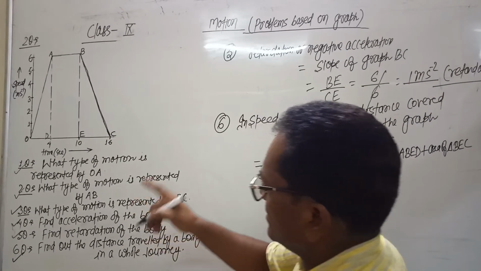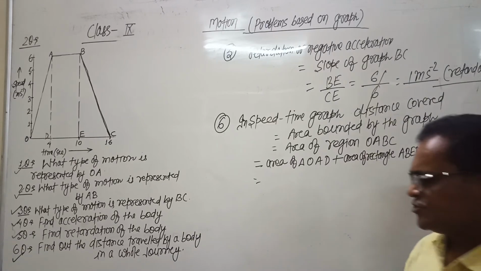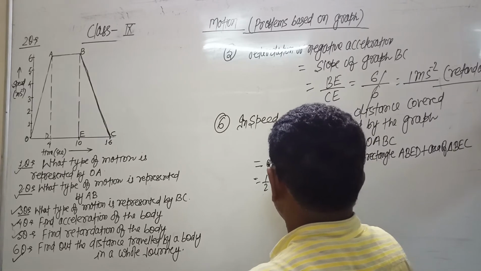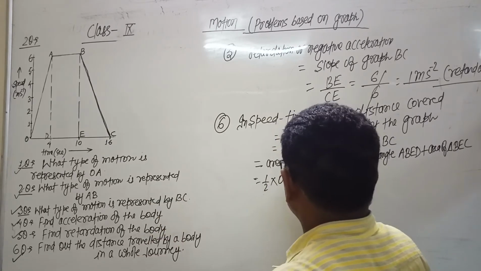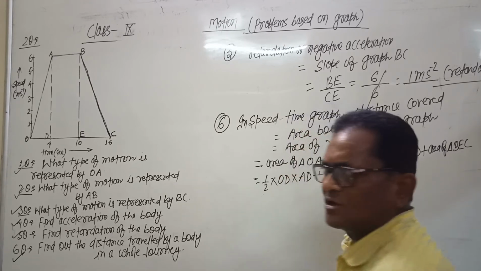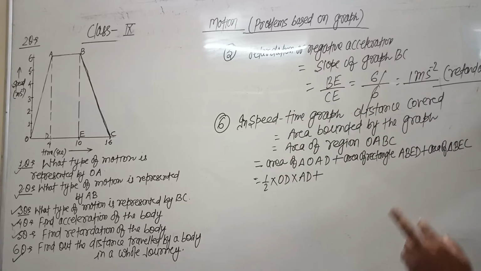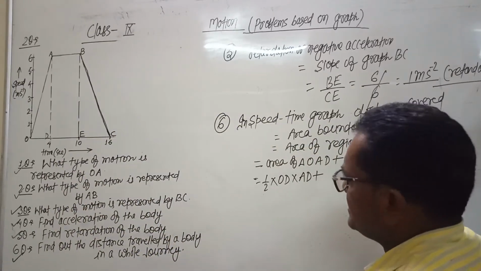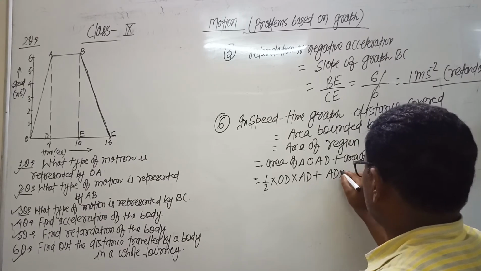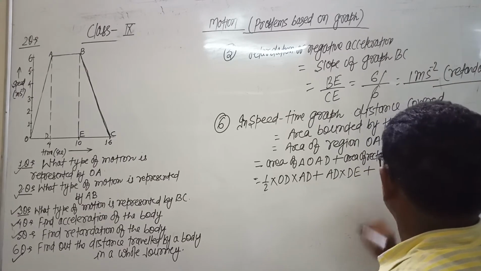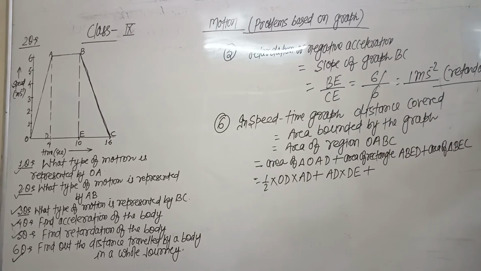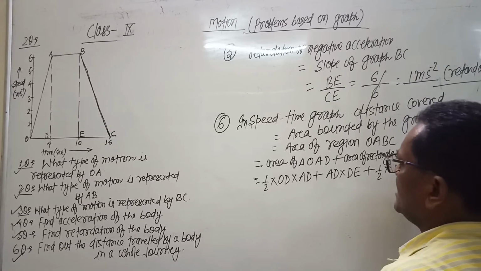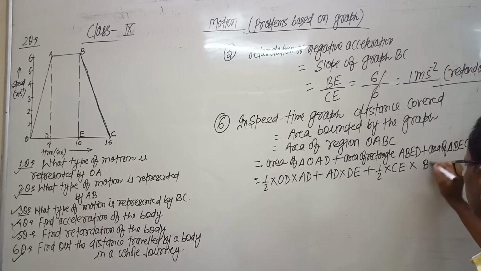So area of triangle OAD is equal to half into base, base is OD, into height, height is AD. Plus area of rectangle ABED equals length into breadth, meaning AD into DE, plus area of triangle BEC, again half into base CE into height BE.